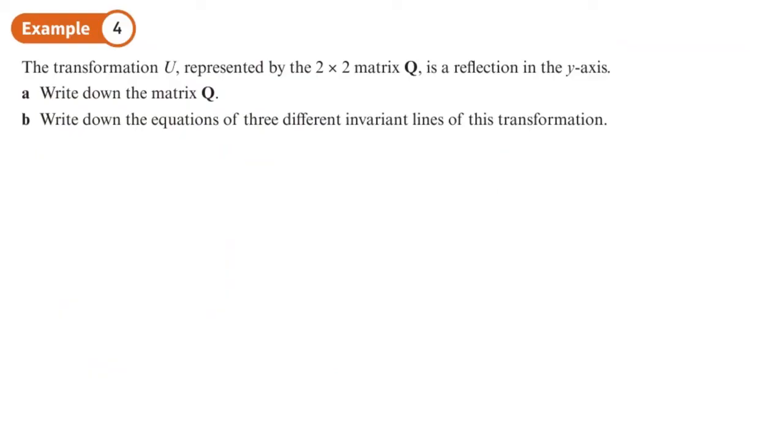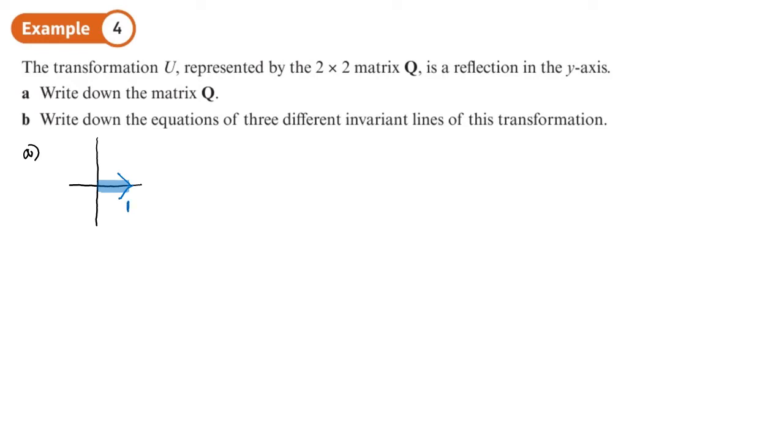Okay, so we've got a transformation U represented by the 2 by 2 matrix Q, which is a reflection in the y-axis. Write down the matrix Q. Right, so this is what we do. We draw a little axis like this. I'm going to use a thick highlighter. This is going to represent 1, 0, so this point here is the number 1.